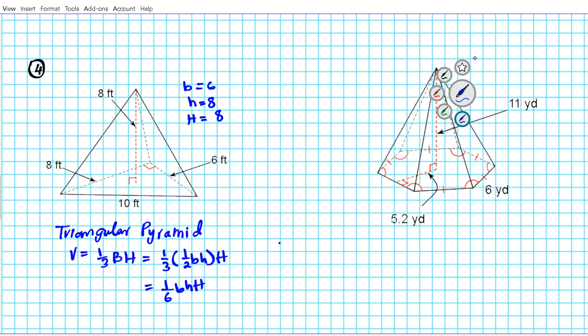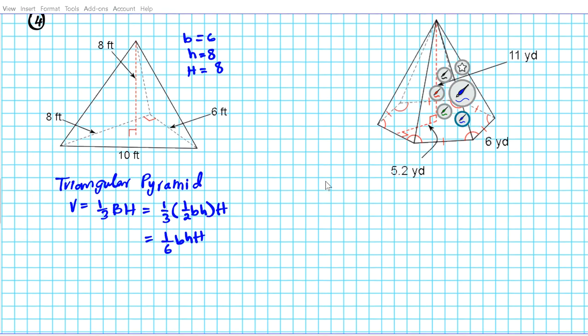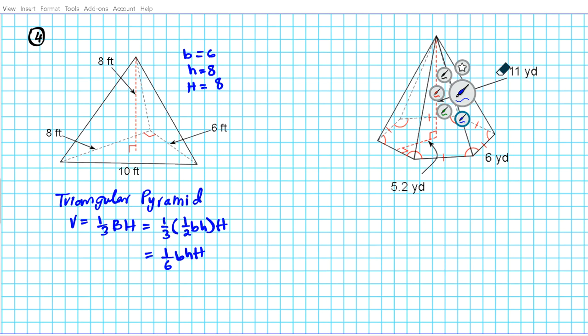Now that we have everything, we're going to find the volume. Let's substitute and calculate. Our volume V is going to be 1/6 times the base of the triangular base, which is a right triangle, 6, times the height 8, times the height of the pyramid or the altitude, which is also 8.